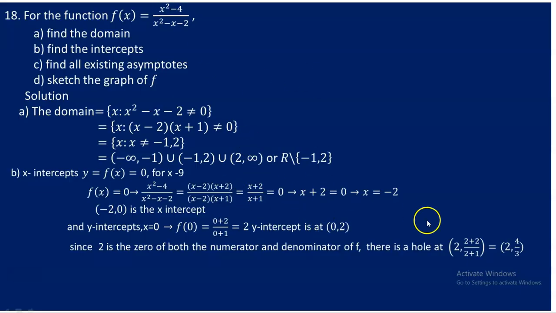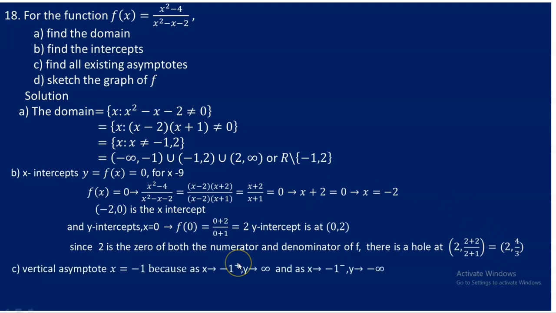If we are not going to use this hole, it will never be the graph of the original, rather it will be the graph of the simplified one. Mind you, our intention is to sketch the graph of the original function, not the simplified one, basically. So the difference between these two graphs comes when you put this hole at the specified place at (2, 4 over 3). That is the idea, okay?